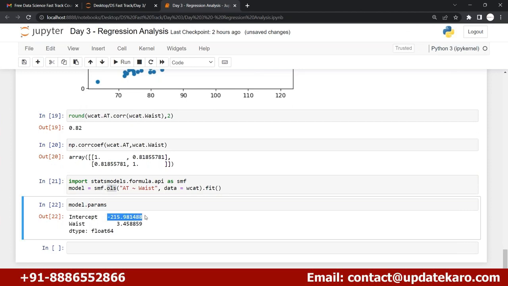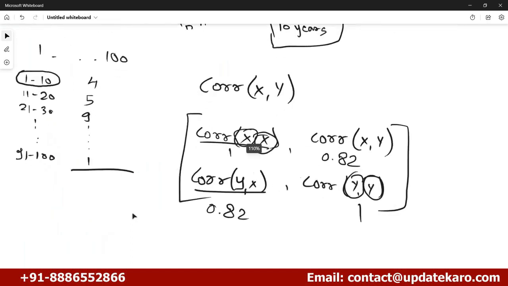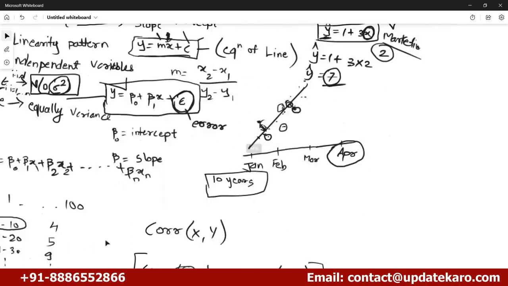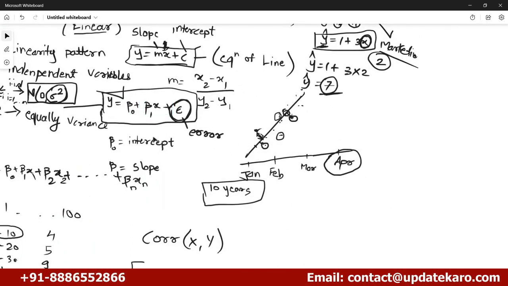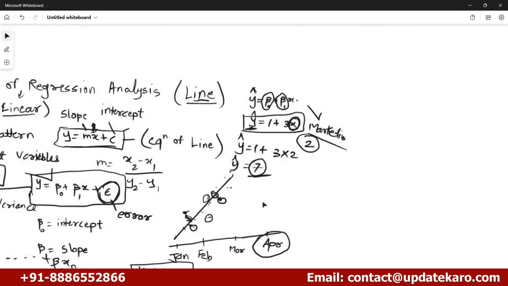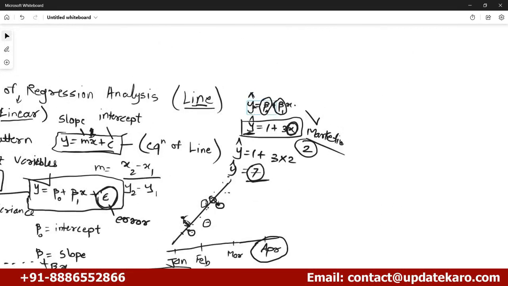Now this is nothing but, as I explained over here, let me show you, y equals beta naught plus beta 1 x. After estimating, you will see that y hat, which is the y estimated, equals beta naught plus beta 1 x.